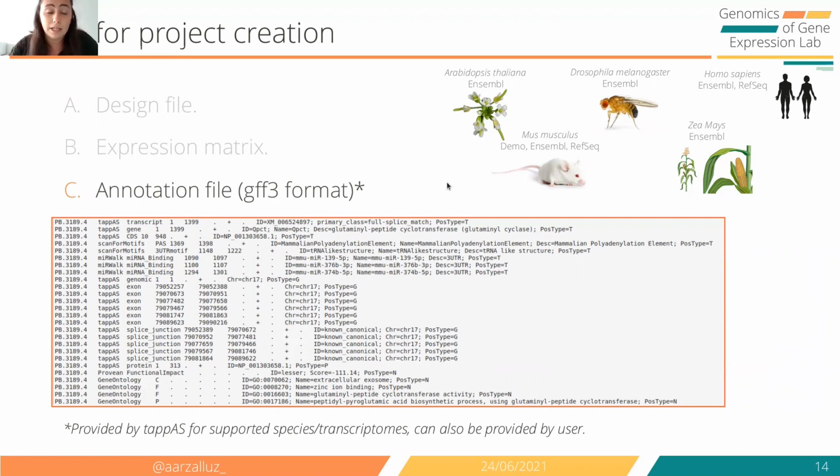We have a GFF3-like format in which we include both transcript, exon, gene annotations, and also functional features such as you can see here, motifs, microRNA binding sites, and some other type of gene level information such as gene ontology. And potentially you could add any functional feature that you were interested in. As long as it's in this format, TappAS will be able to read this into the application.